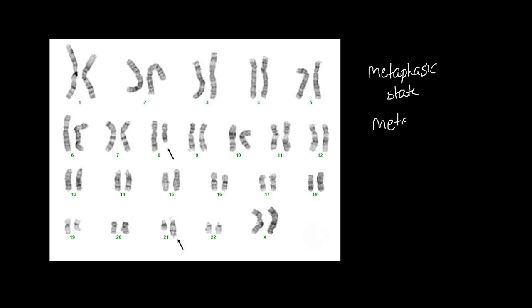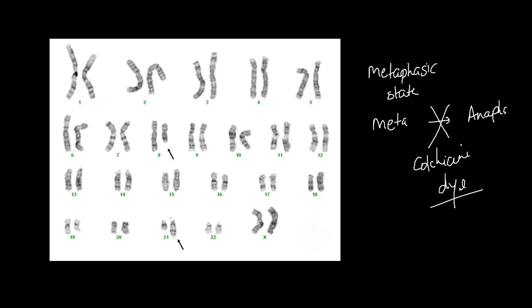Whenever the metaphase is converting into anaphase, you need to stop it, and you can do it by colchicine. This will prevent the transition from metaphase to anaphase, and because of that, all the chromosomes will be in the metaphase state. And why in the metaphase state? Because the chromosomes are very much condensed in the metaphase state.